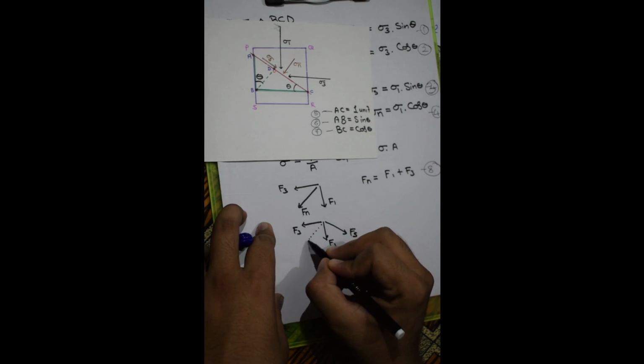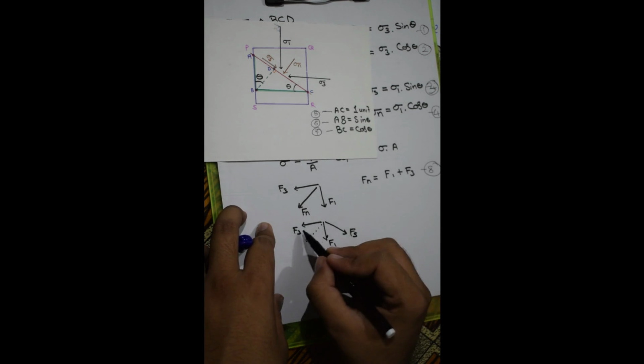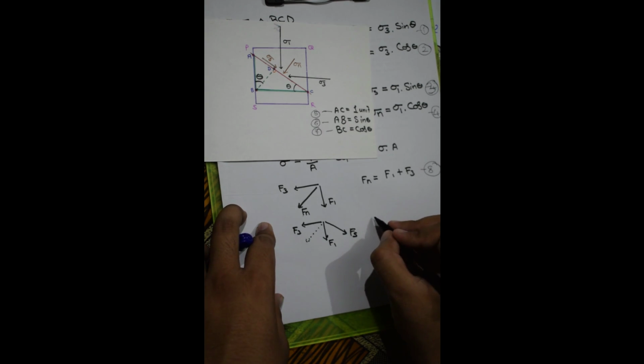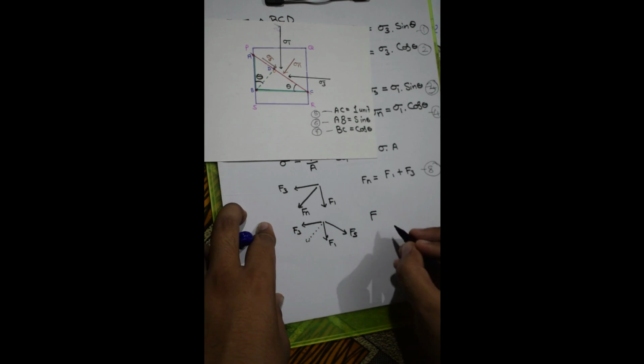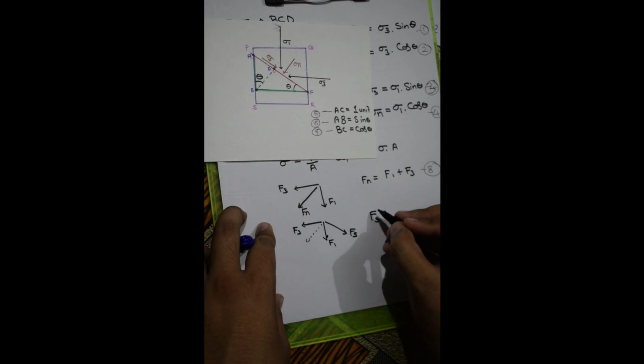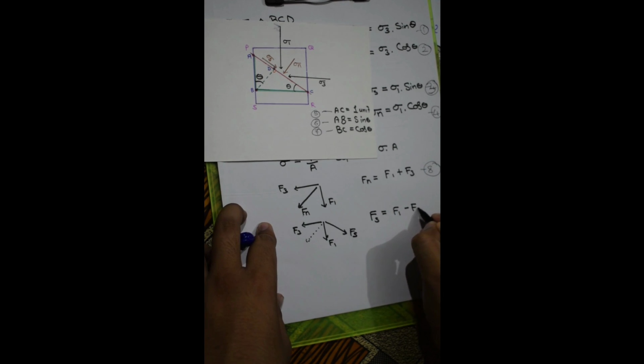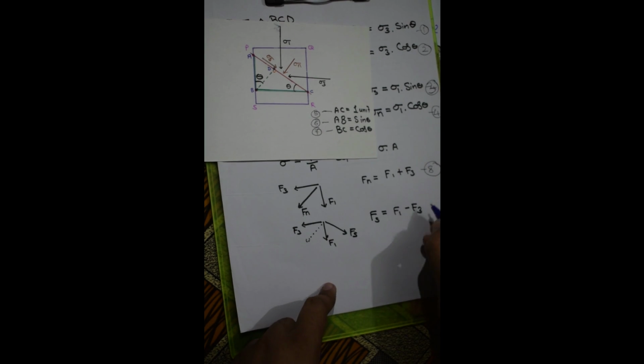That means F3 is in the opposite direction. So I can get the equation from the orientation of these force vectors as Fs, the force applied by the stress sigma s, is equal to F1 minus F3, and this is equation number 9.